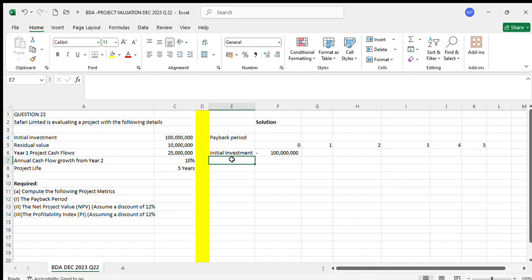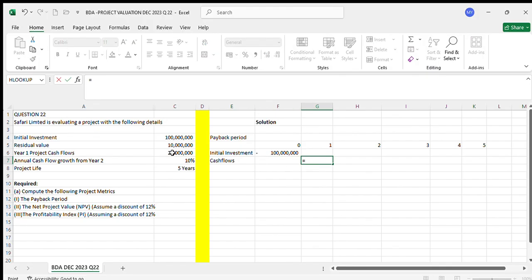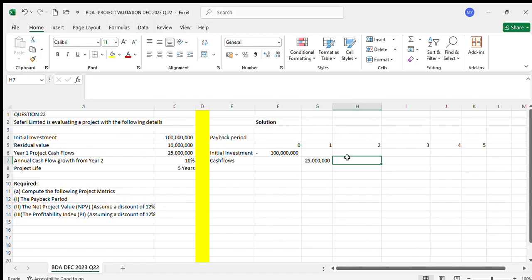Then the cash flows now. In year 0, we are just investing, there was no cash flow. Then year 1, we had 25 million. You can copy that, cell 6. Then year 2, we are told that it will grow at 10%.